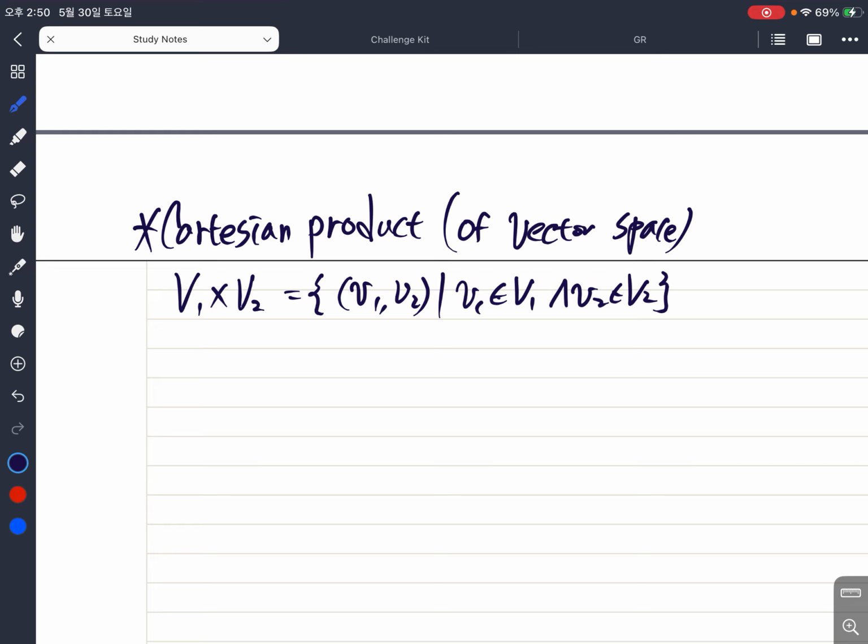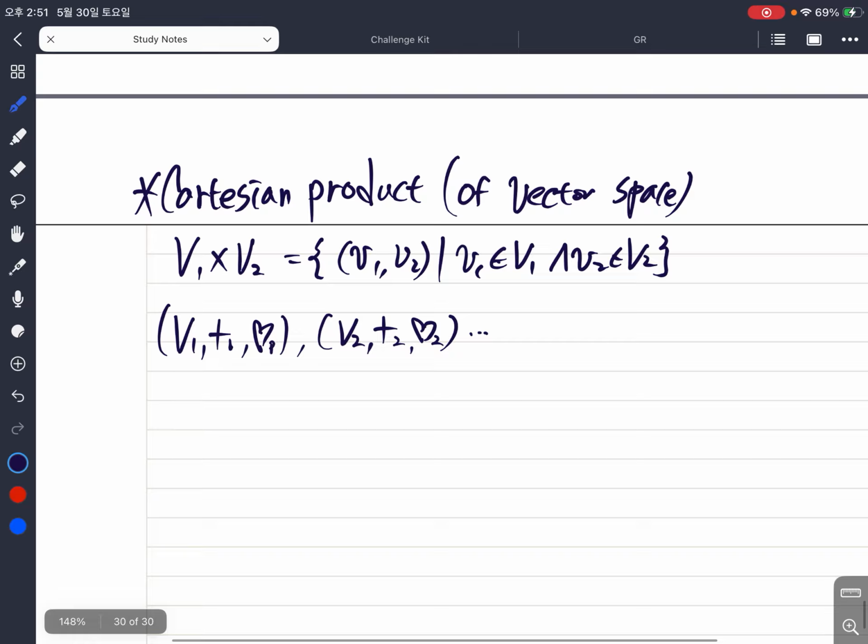So we can have V1 with plus 1 and scalar multiplication 1, similarly V2 with plus 2 and scalar multiplication 2. Let us be more general: Vn with plus n and scalar multiplication n.